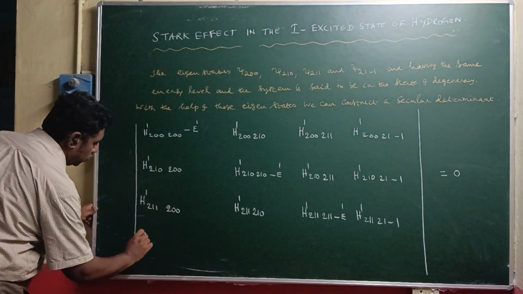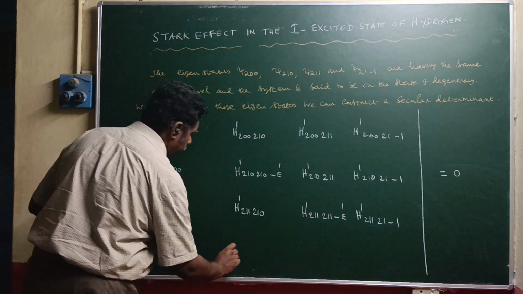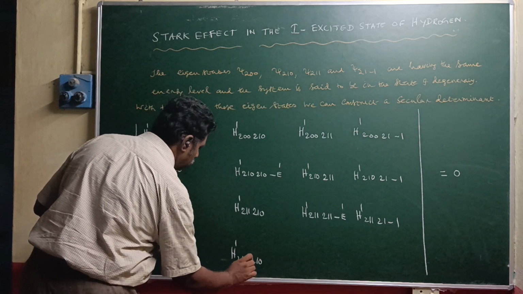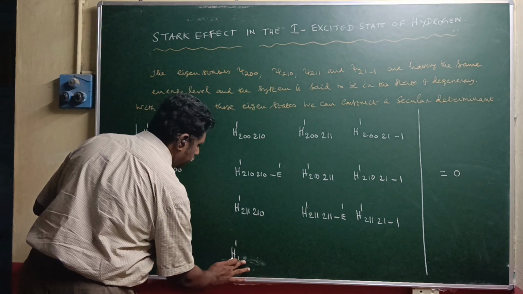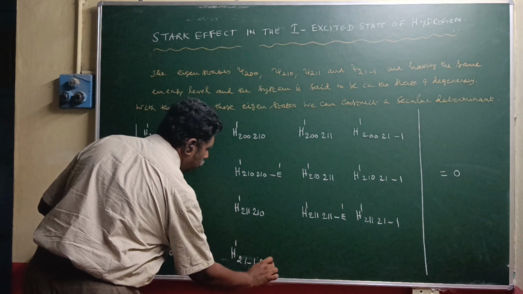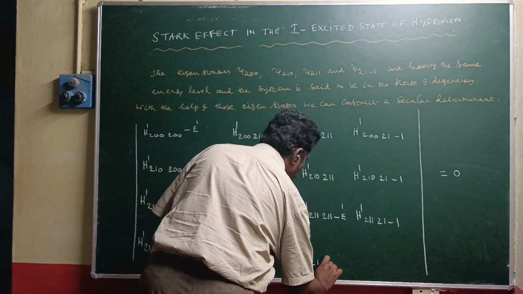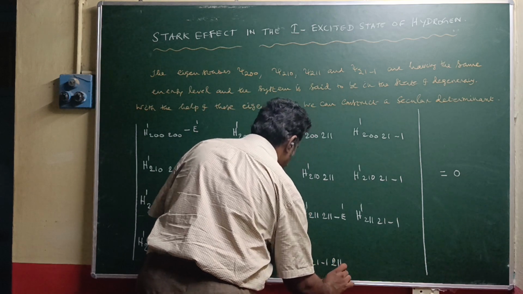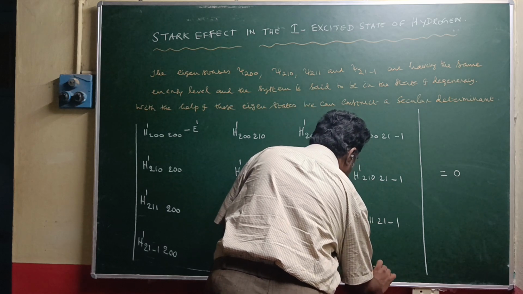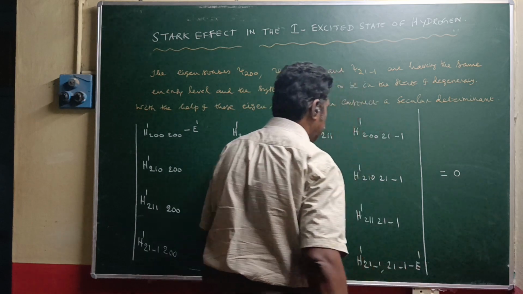Last row: H1 2 1 minus 1 2 0 0, H1 2 1 minus 1 2 1 0, H1 2 1 minus 1 2 1 1, H1 2 1 minus 1 2 1 minus 1 minus E1.